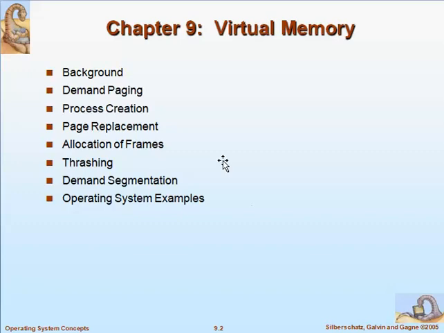So paging gives a solution for non-contiguous memory allocation. Then we looked into the structure of the page tables, how the page tables are structured, and we also learned about segmentation.